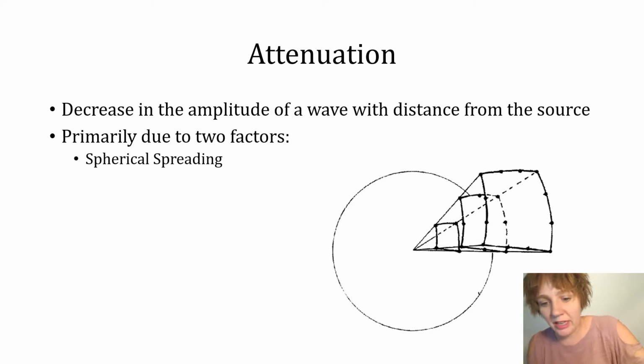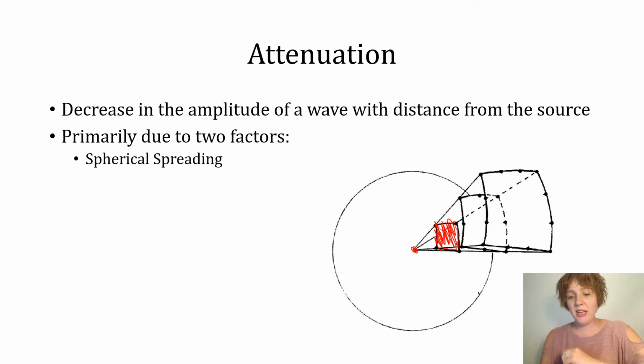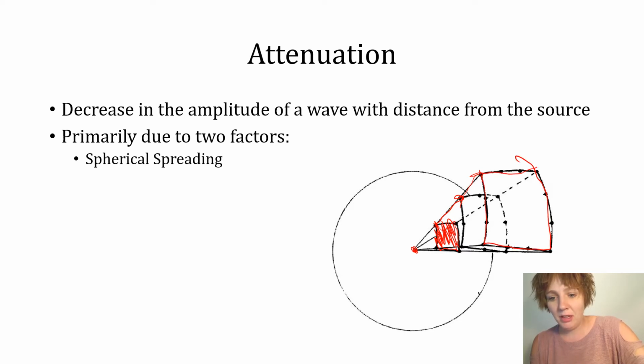So what starts out as a whole lot of energy here at the center is forced to spread out as it goes. So at some time t1, the energy is spread out over this area, and at some time later, t2, it's spread out over a larger area, and even later it's spread out over this great big area, but it's the same amount of energy as before.